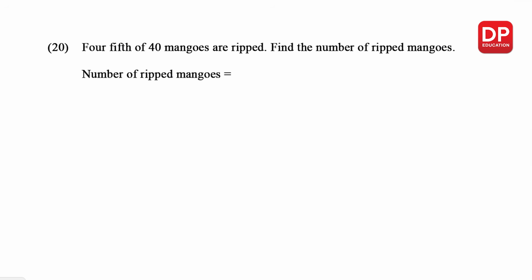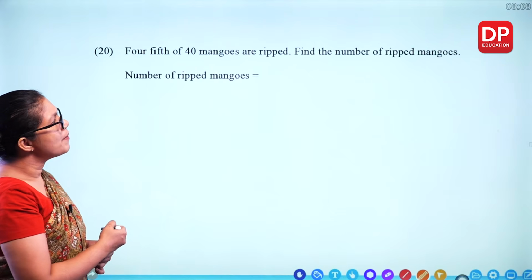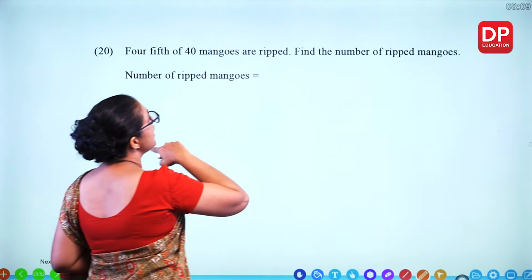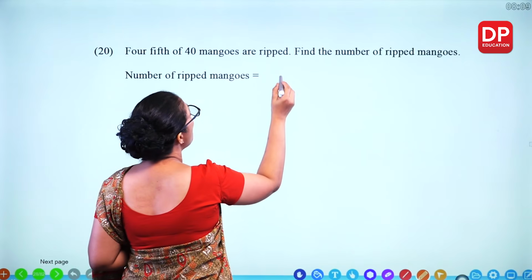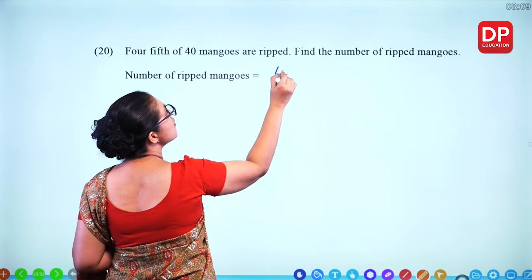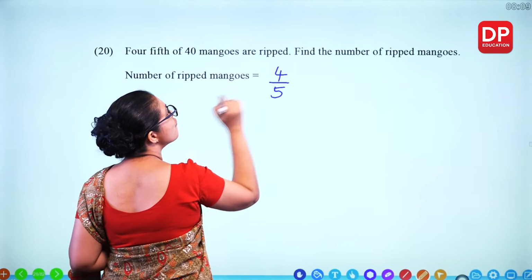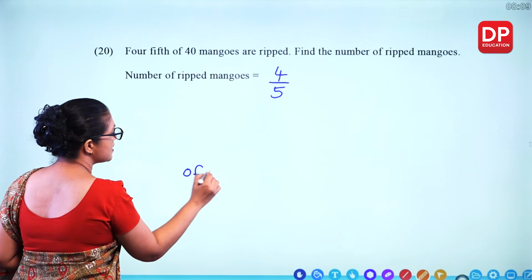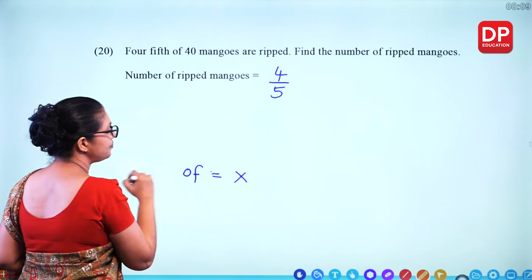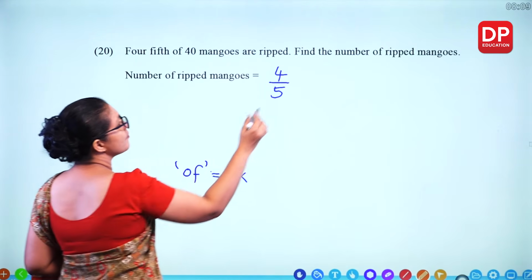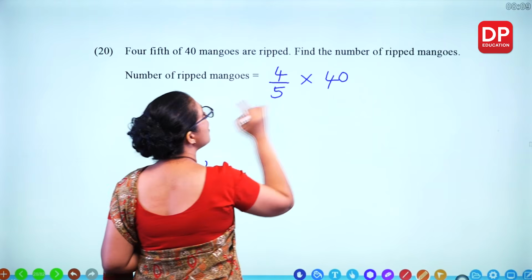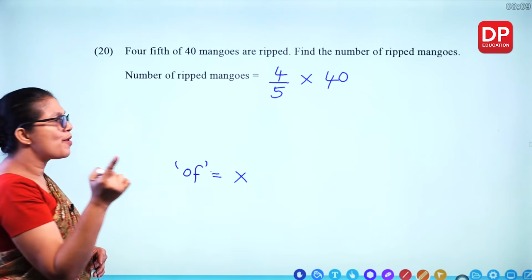Worded problem. 4/5 of 40 mangoes are ripe. Find the number of ripe mangoes. So how many are there? 4/5 of 40. Of means in maths that's multiplication. Now fraction multiplied by a whole number.